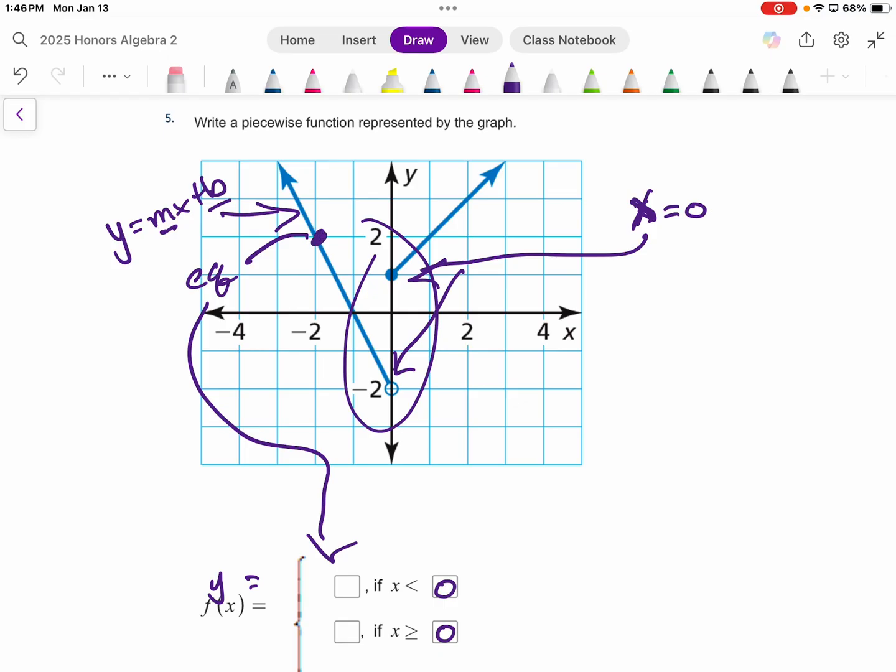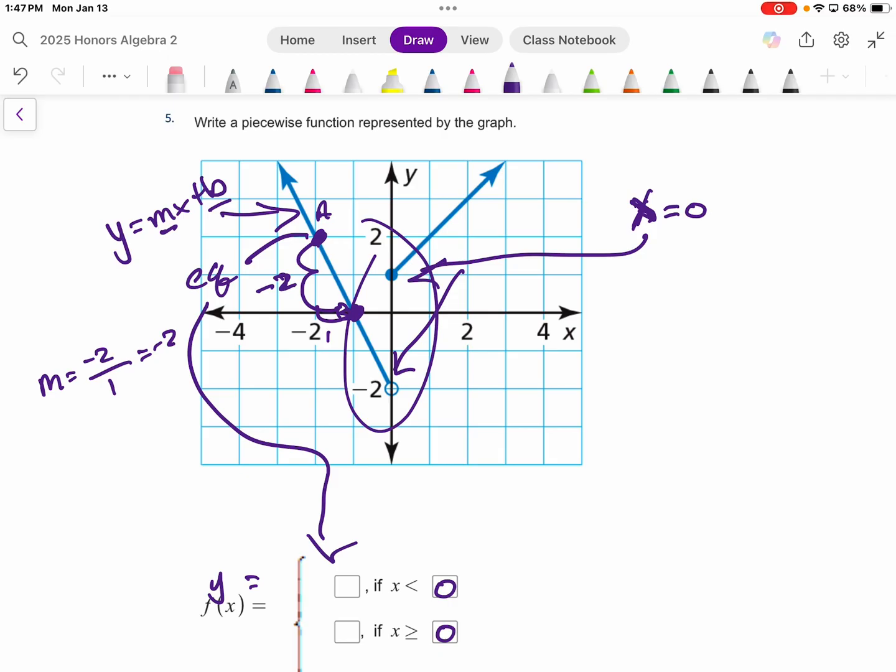I'm going to choose this location and this other location where I see a nice little crossing on the corners. So to go from A to B, I went down two, to the right one. So that tells me that slope, down 2 to the right 1, the slope is negative 2.